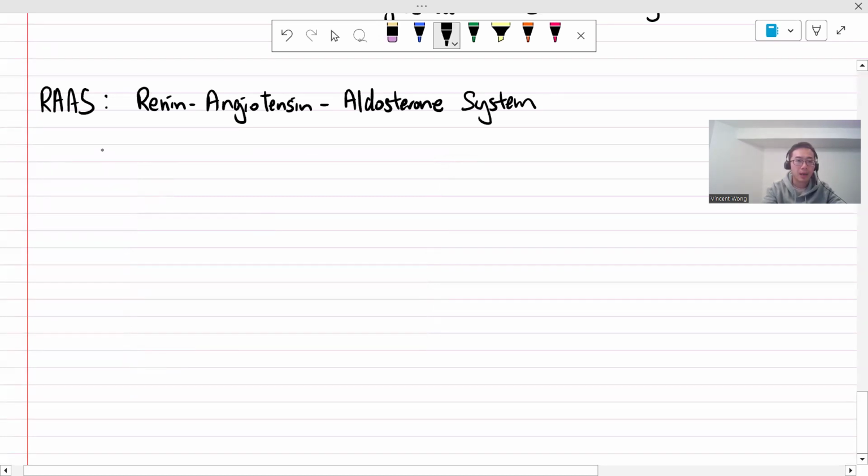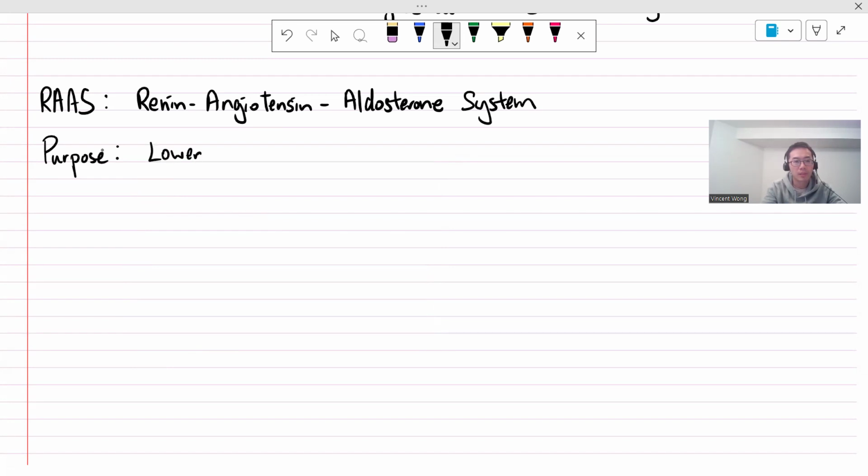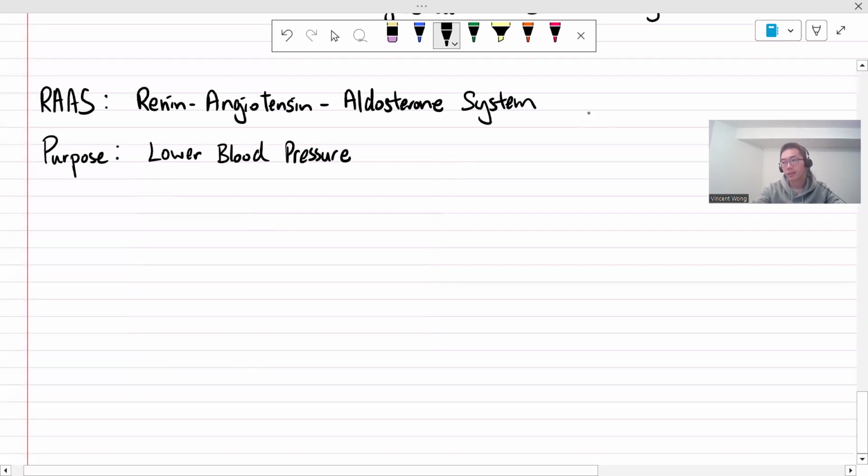Okay. What does it do? The purpose of the RAS is to, what do we do here? Let me think about this. This is going to lower blood pressure. Oh, sorry, no, this is not lower blood pressure.